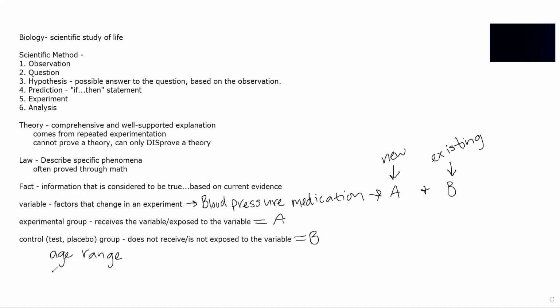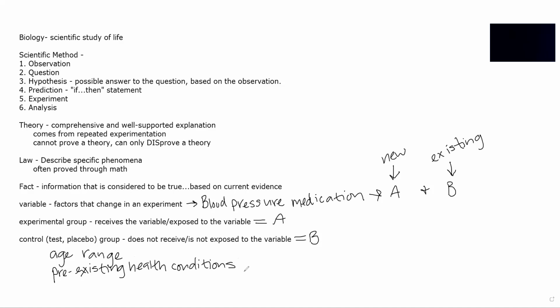You want to look at their pre-existing health conditions. There's many different things that cause high blood pressure. You probably want to make sure that you're treating individuals that have the same underlying condition that's causing it.